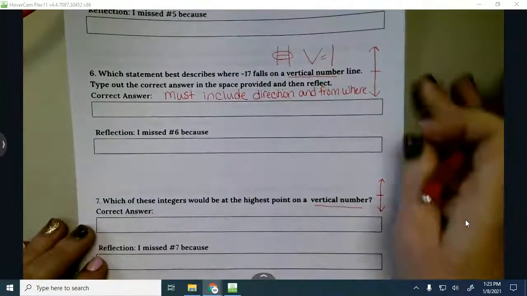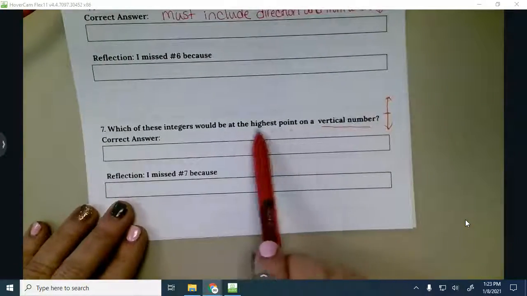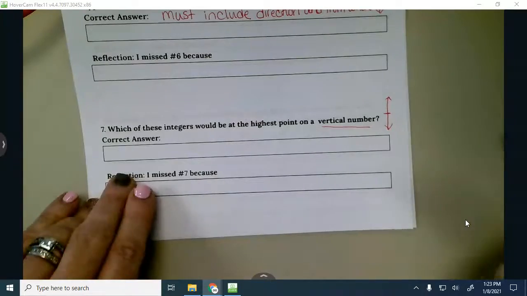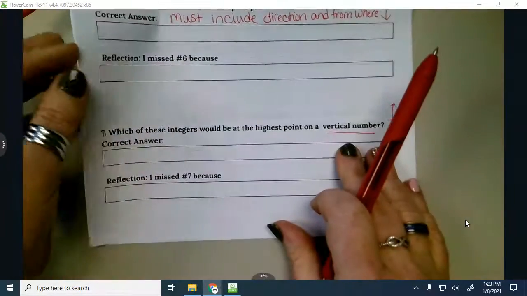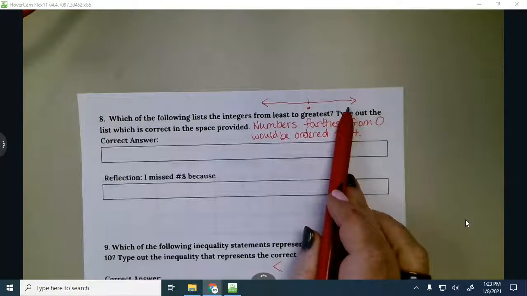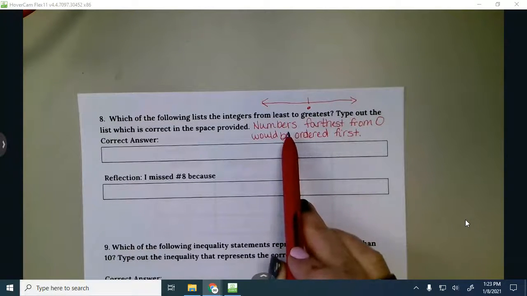The highest point, that would be like the greatest value, the one that's farthest from 0, but a positive value. The next one, it might be helpful for you to put on a horizontal number line. The numbers that are farthest from 0 would be ordered first.